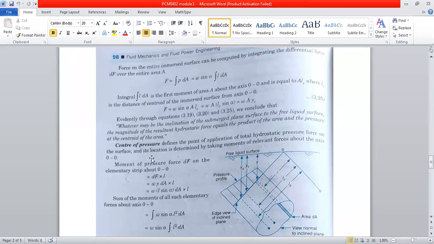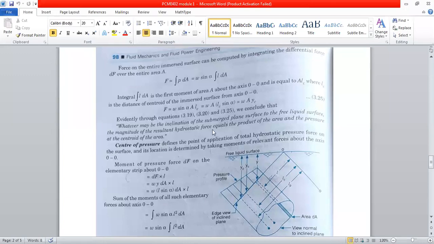So finally we conclude that whatever may be the inclination of the submerged plane surface to the free liquid surface, the magnitude of the resultant hydrostatic force equals the product of area and the pressure at the centroid of the area.